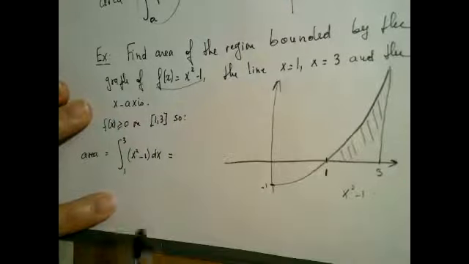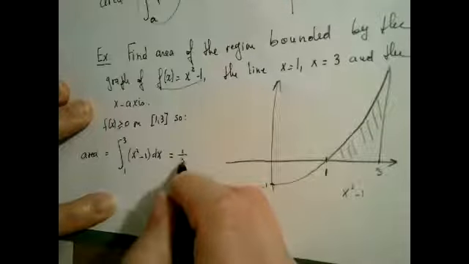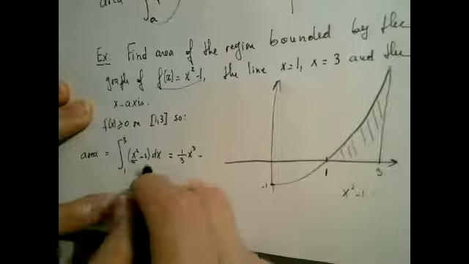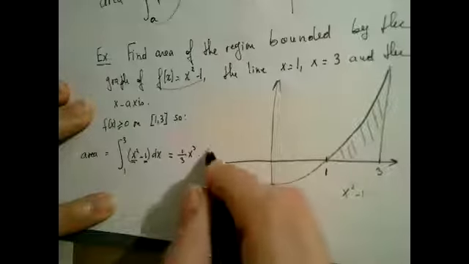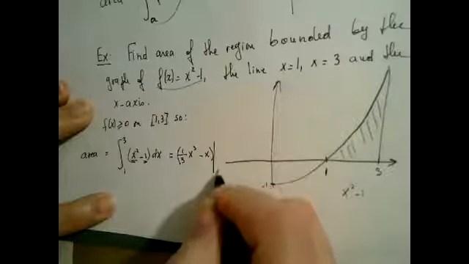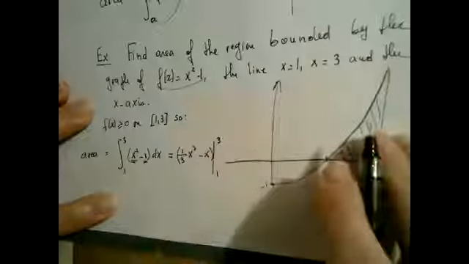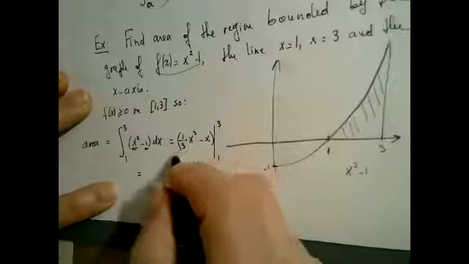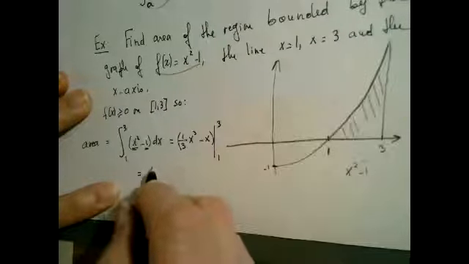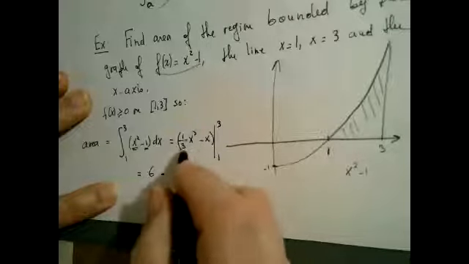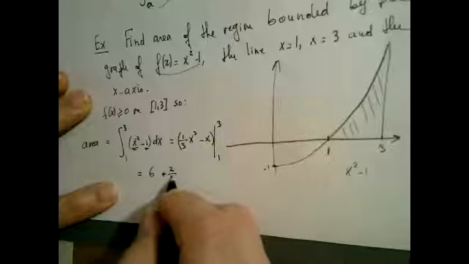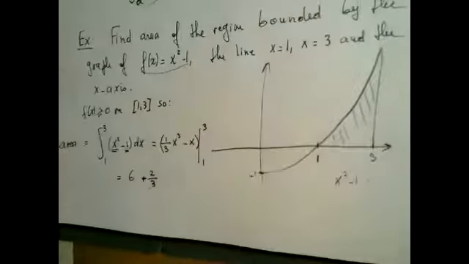We can use the fundamental theorem, which will give me 1/3 x cubed, antiderivative of x squared, minus x, the antiderivative of 1, evaluated between 1 and 3. And we do the math. It's going to give me 9 minus 3, it's a 6. Minus 1/3 minus 1 is, I think, plus 2/3, give and take some stupid mistake.